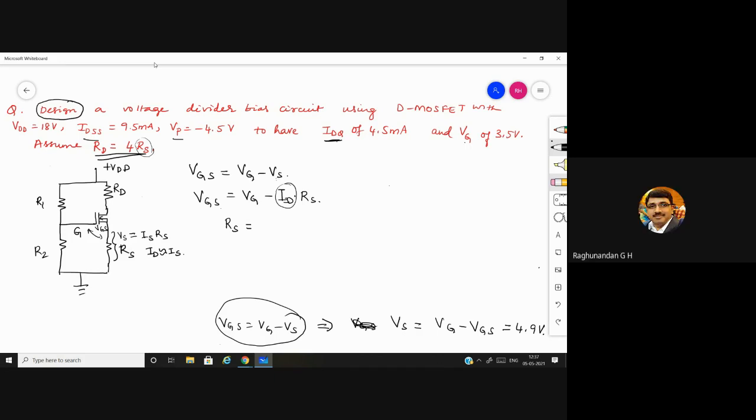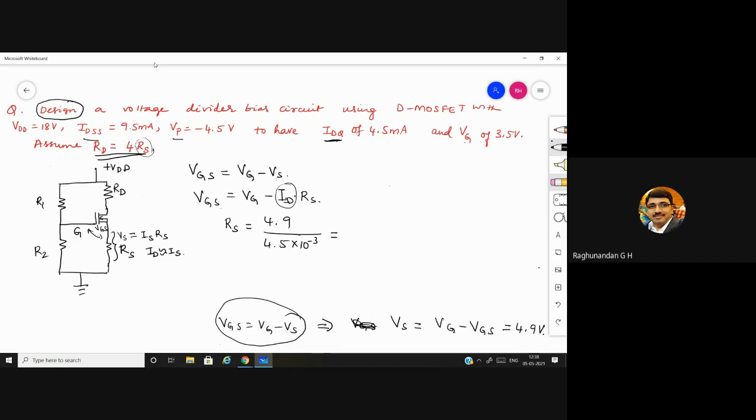Any other answer? So it is 4.9 by 4.5 into 10 to the power of minus 3.